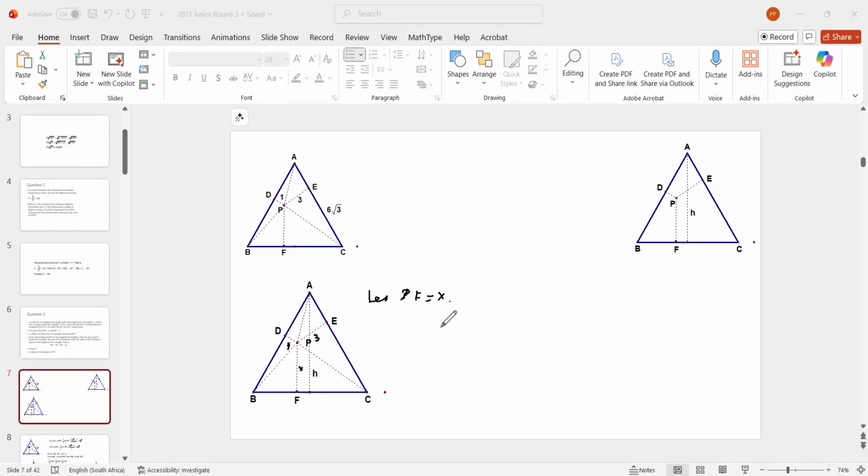Okay, now from what we have just proved, we proved that the sum of the three heights is 1 plus 3 plus PF. That's the third height. Right? The sum of the three is 1 plus 3. Those two were given, plus the third height is equal to the height of the triangle.